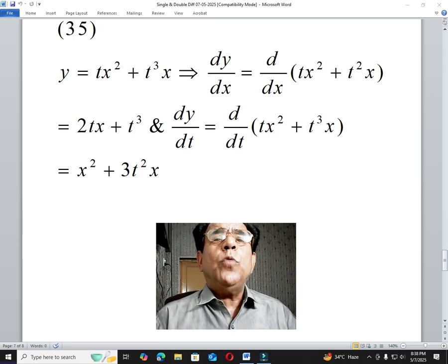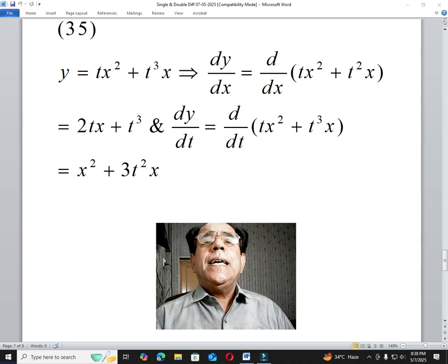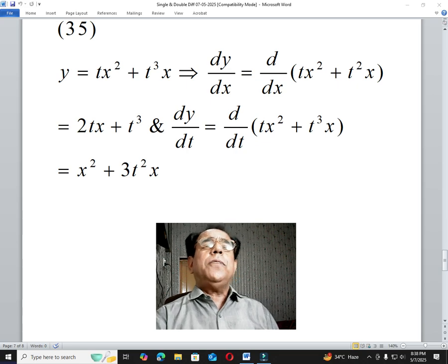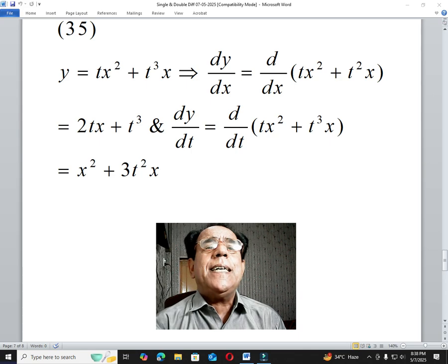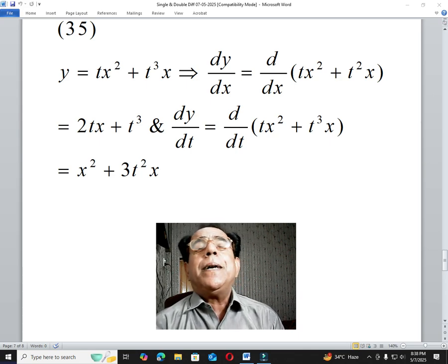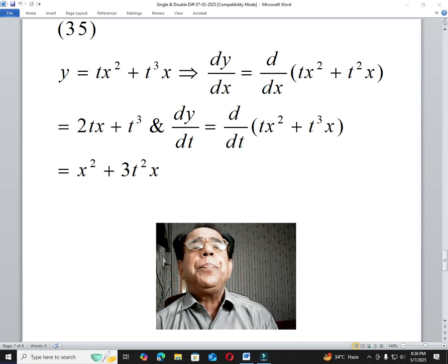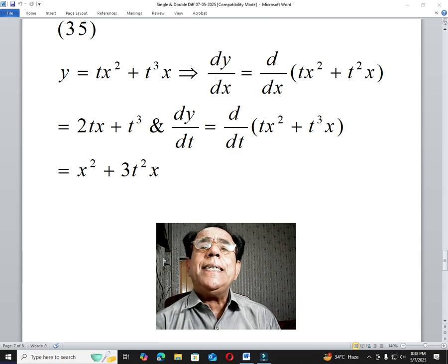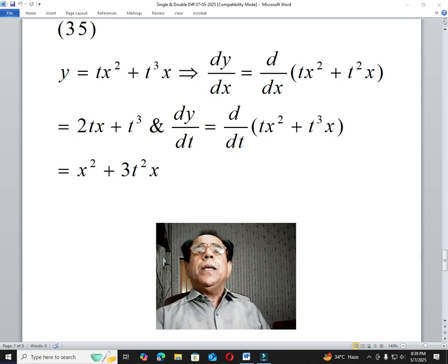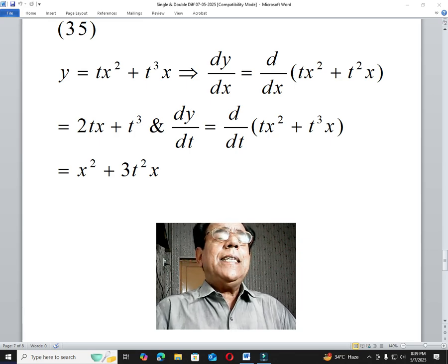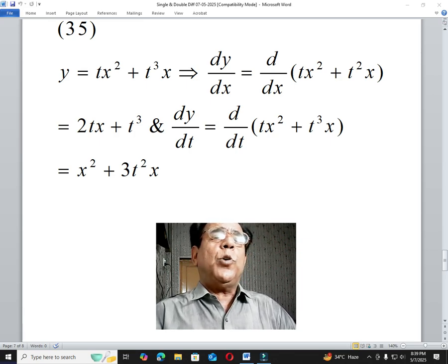This d over dx, then within parenthesis, the quantity is not written as the actual figure. The actual given quantity is tx square plus t raised to power 3 times x, but here mistakenly tx square plus t square x has been written. So this is creating trouble. That is why this step is not corresponding to this.